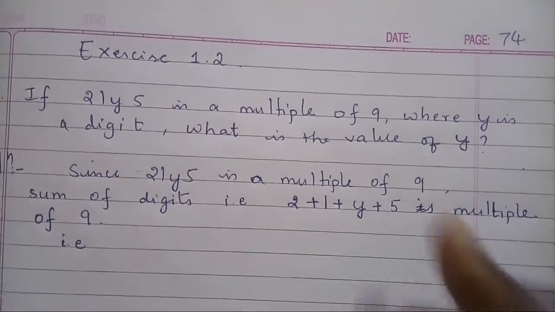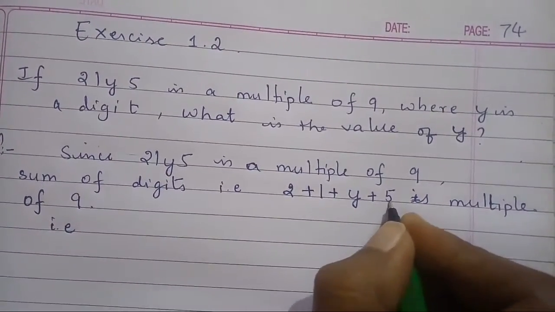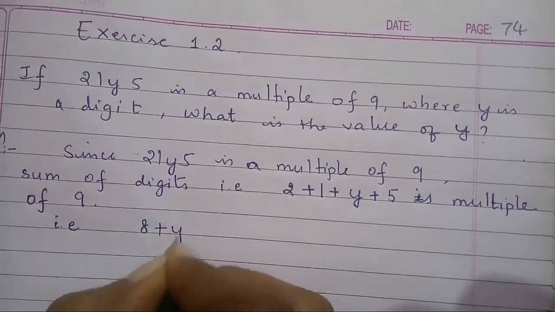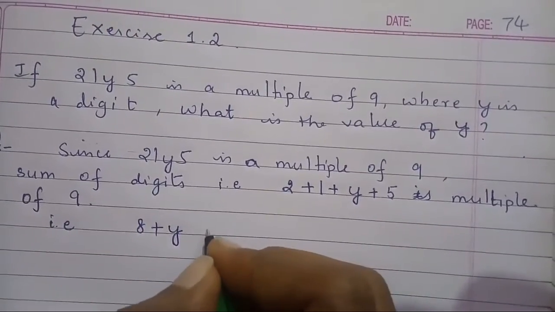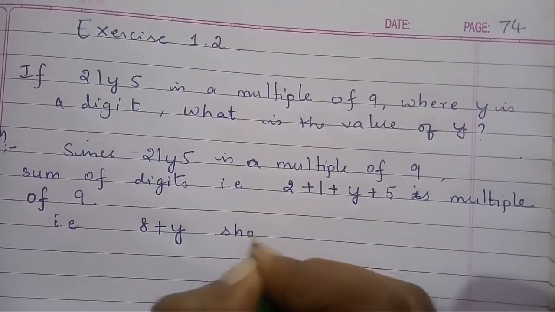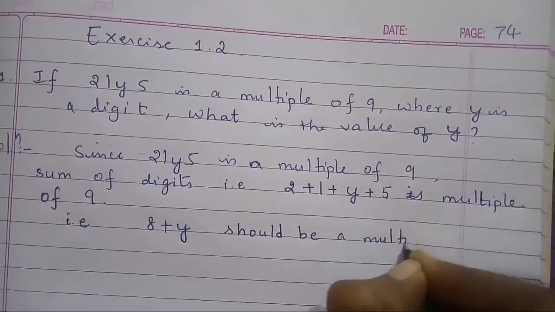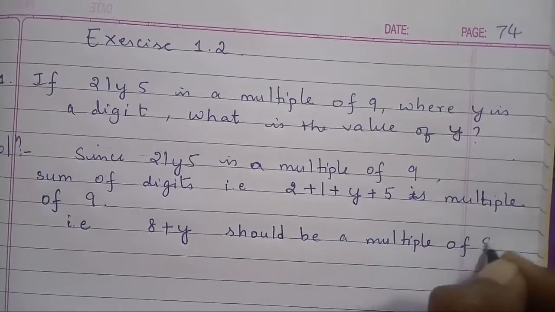Add these numbers. 2 plus 1 is 3, 3 plus 5 is 8, 8 plus y should be a multiple of 9.